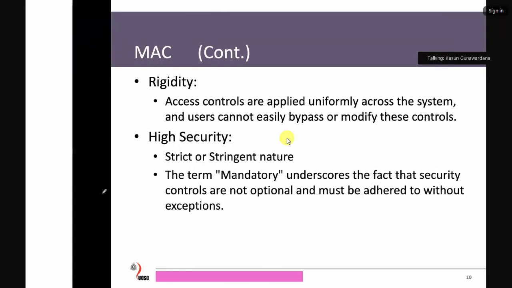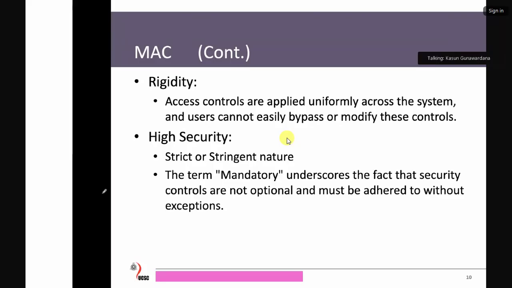And because of the nature of mandatory access control, we call it a rigid model. It does not have the flexibility that we saw in the previous two models. We know that discretionary access control is quite flexible.